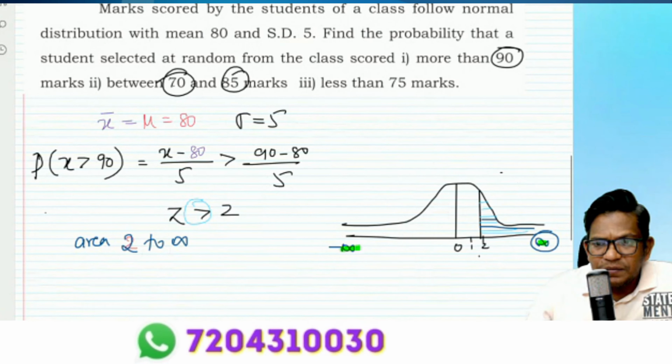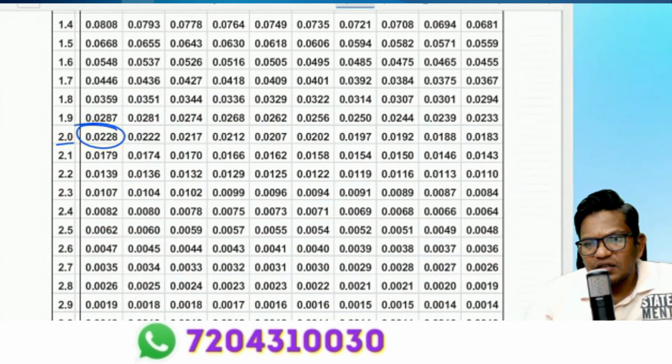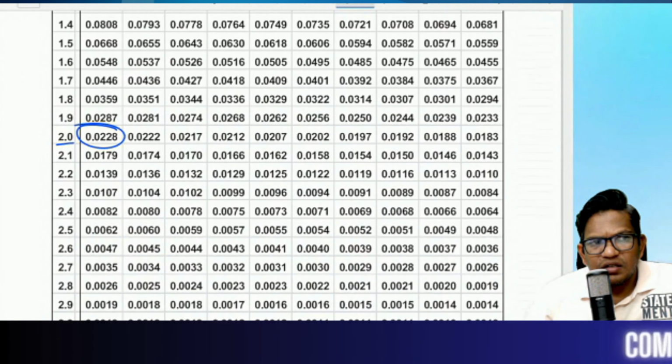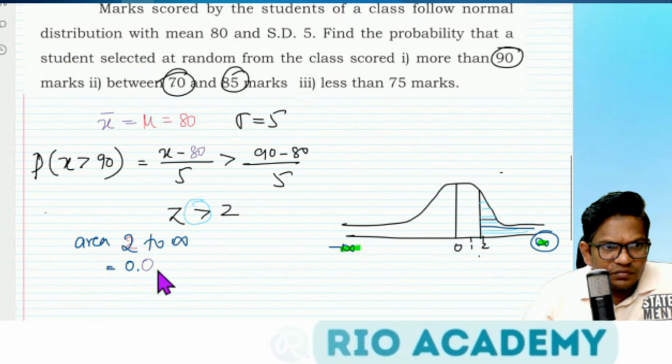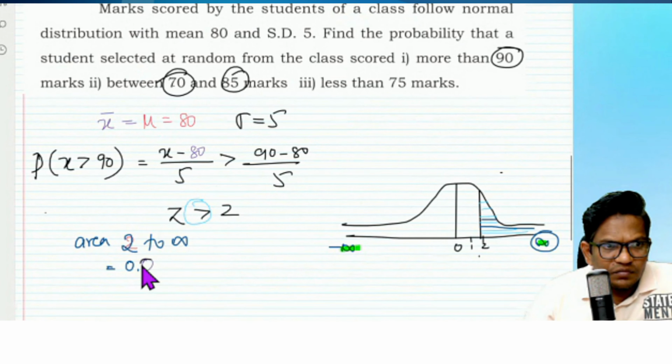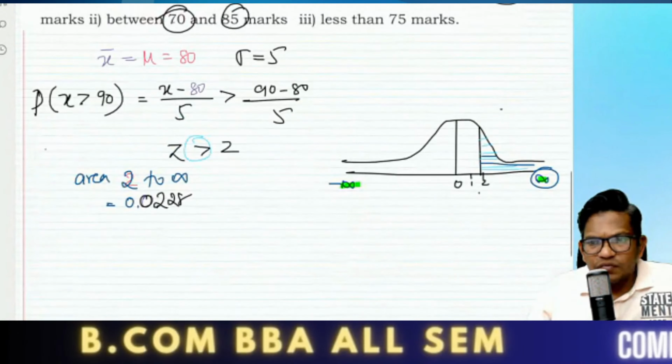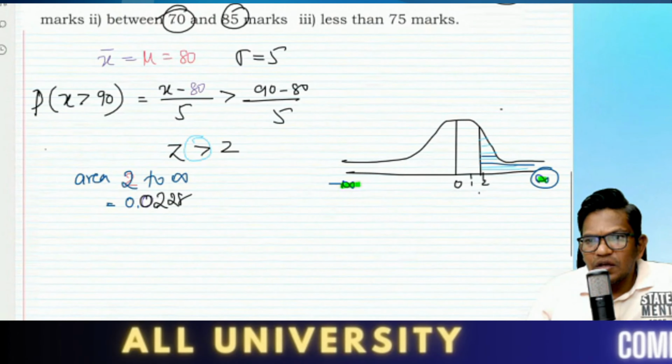That is 0.0228. That's it. Understood? Next.